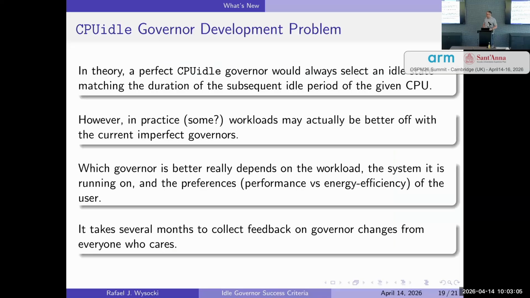And again, we have this problem with cpuidle governor development, because first of all, I think that we need to reconsider what success is, and then figure out how to measure it somehow. I don't really have a recipe for it today, unfortunately, because I don't know how to define the criteria for success.